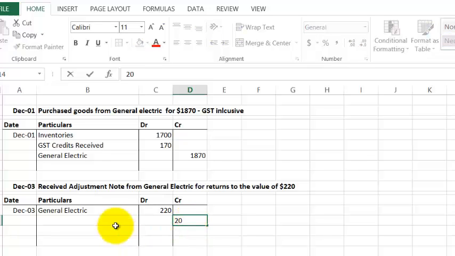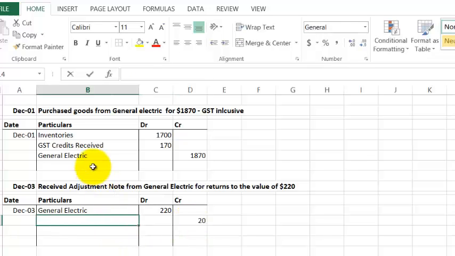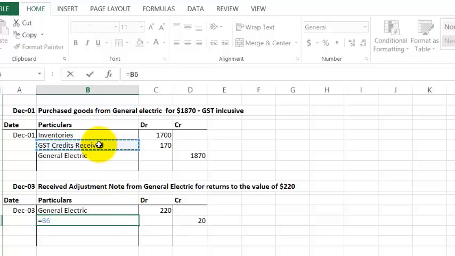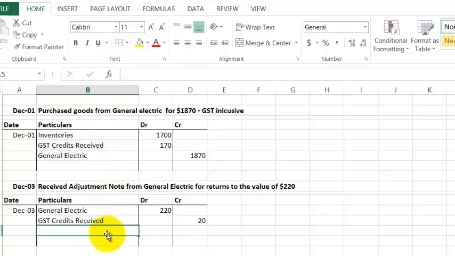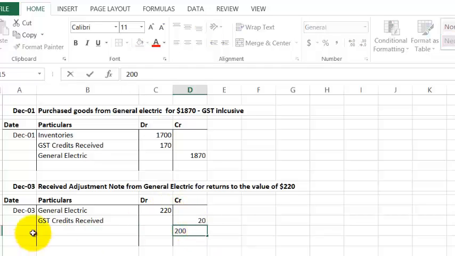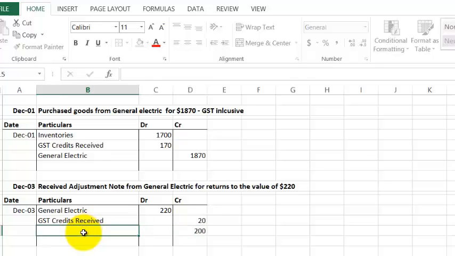I'm going to put that in quickly there. So that is GST credits received. And inventories obviously goes down because we initially bought that many inventories. The difference between those two items is obviously $200. And the amount of inventories, as you can see here, has gone down.